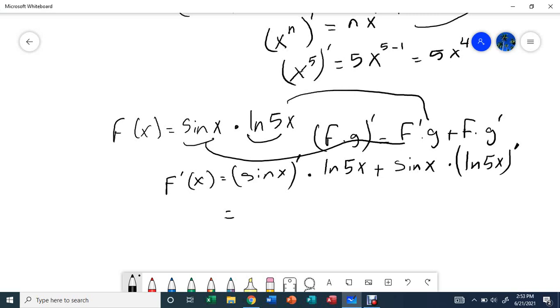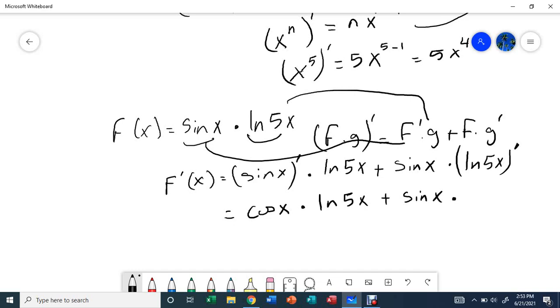What's the derivative of sine? I'm asking. Yes, you got it. The derivative of sine is cosine times ln of 5x, plus sine of x times the derivative of ln of x.